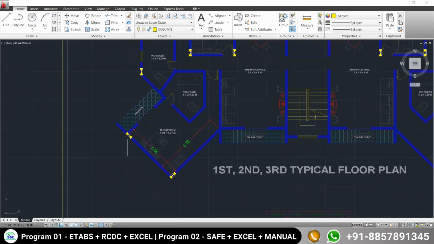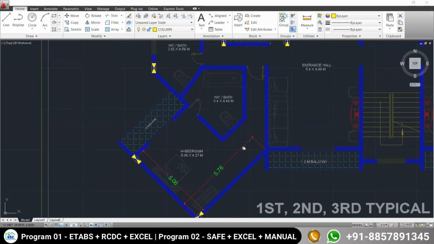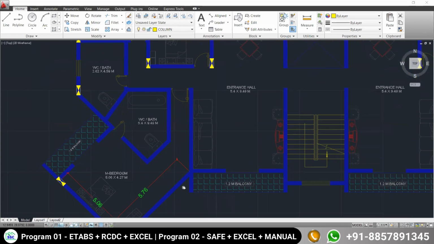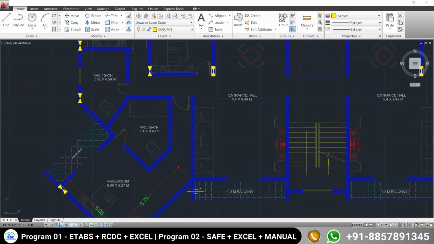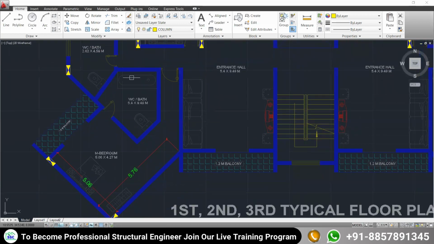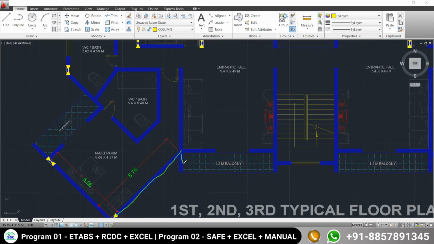Now, after this, one column. See, here we need to take one column. Try to understand, if we are going to take this beam here, it is the cantilever, and this is the beam, and the beam is also coming from this side.